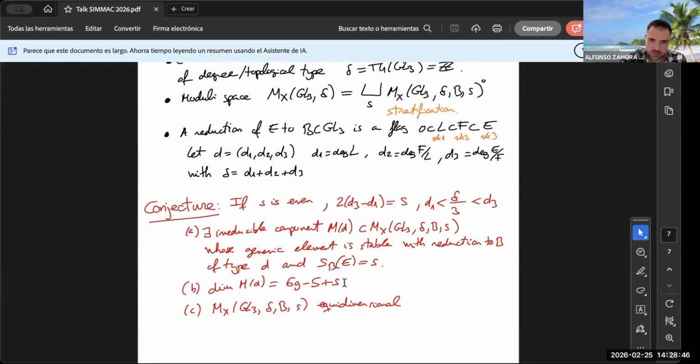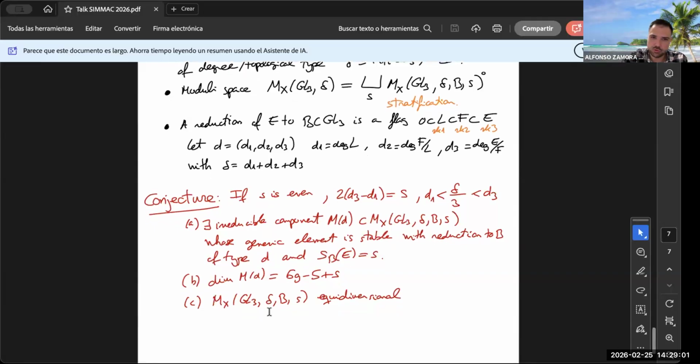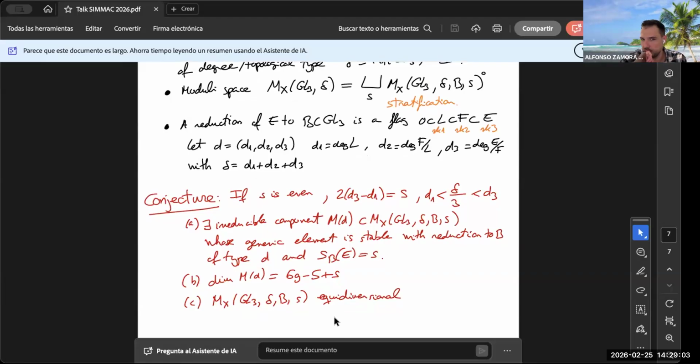And using a careful search with the geometry on the exact sequence and the diagrams of the vector bundles, we compute the dimension of these generic irreducible components, and are able to show that these components are equidimensional. So even though they can have several components, all of them are of the same dimension. So I think it's time. I'll stop here and thank you for your attention.